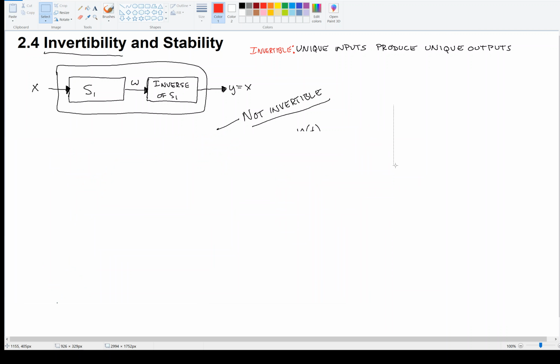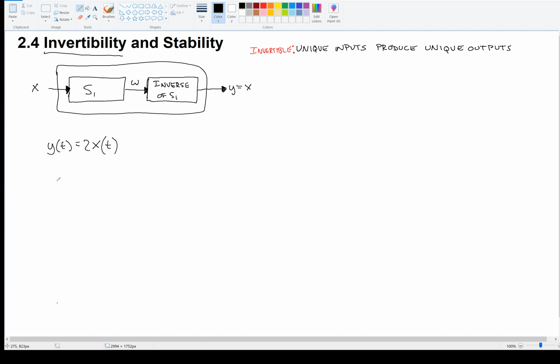An example that is invertible is a simple amplifier or a proportional block. So in this case, let's say that the output y of t is twice the input. What is the inverse of that? This is invertible.